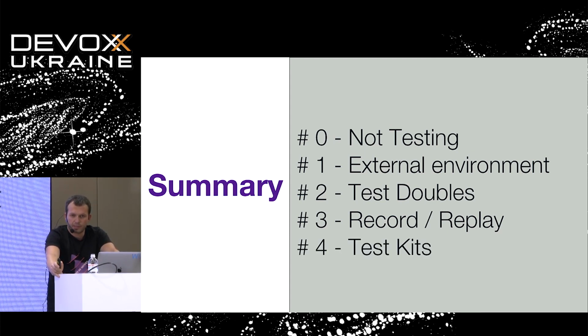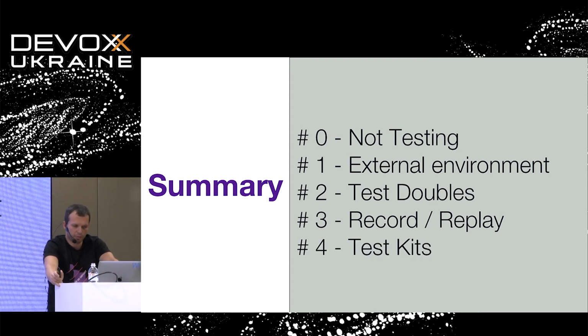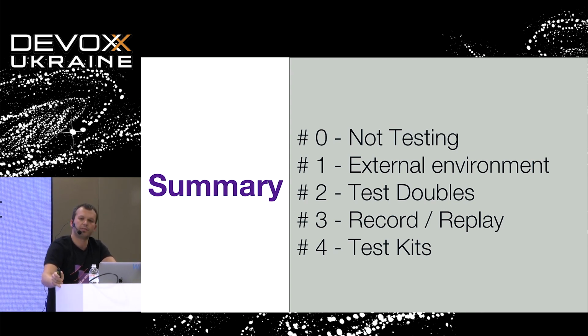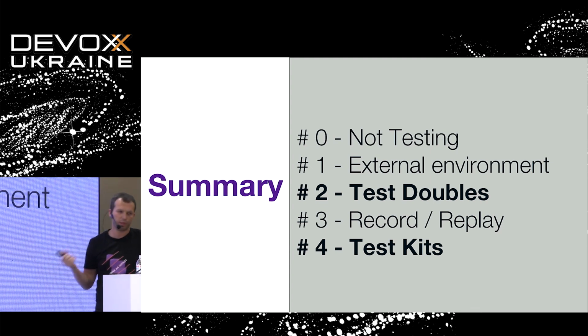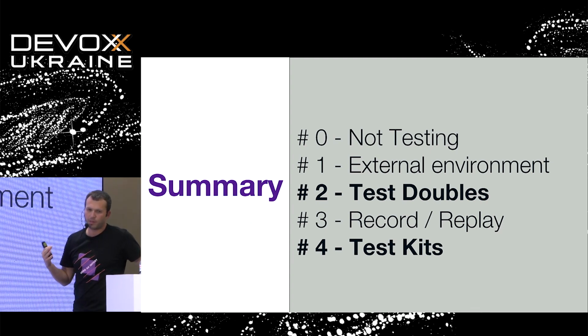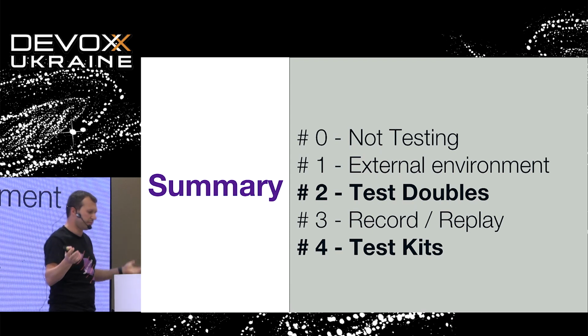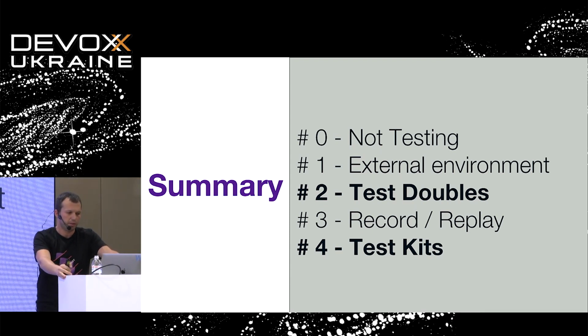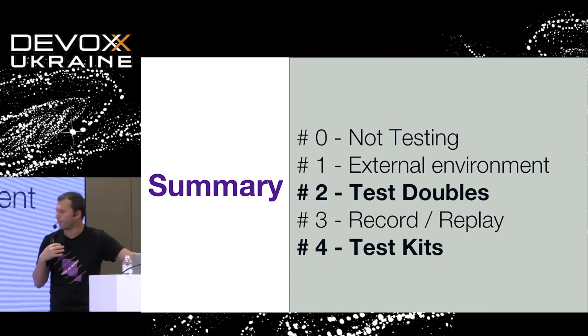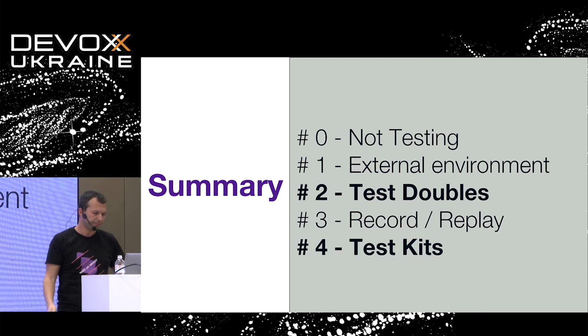And test kits, which is something that we use at Wix especially for infrastructure services. So these are the two that we at Wix use most of the time. Of course, it depends on your company and on what you're doing, but this is what works for us for a really big organization.